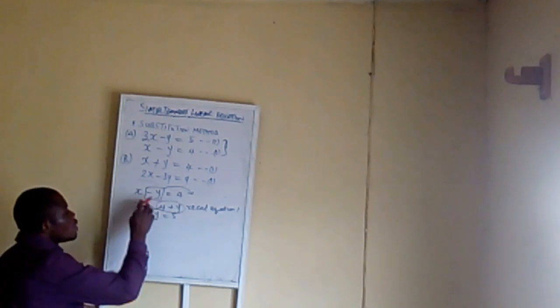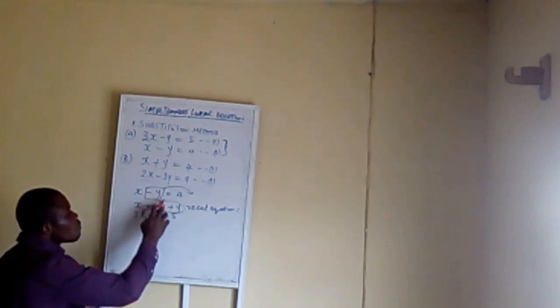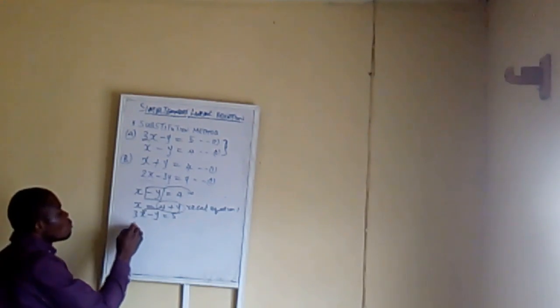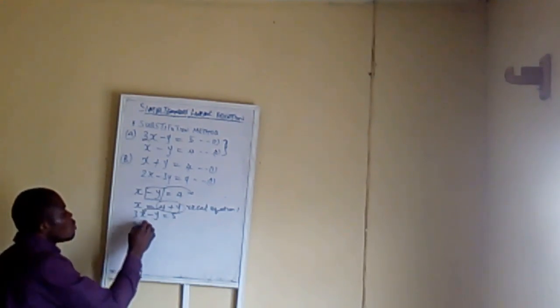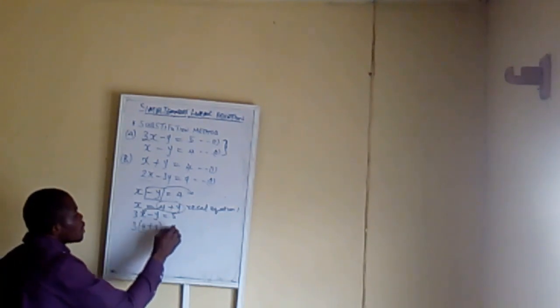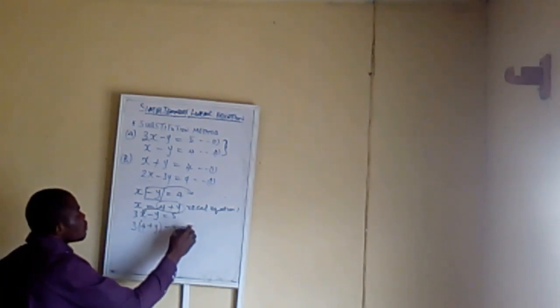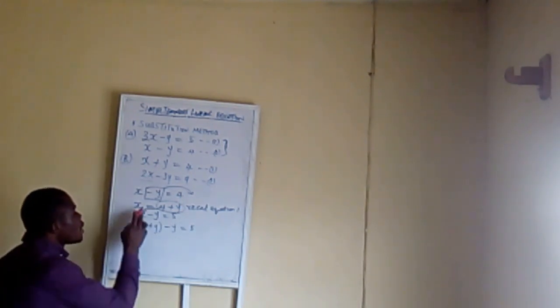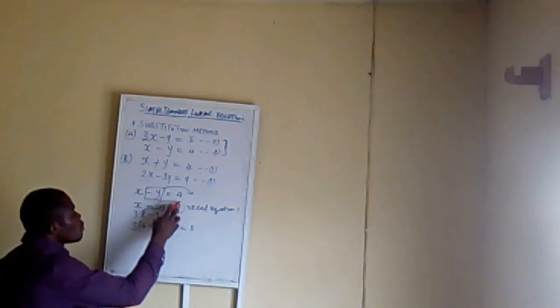Anywhere we see x, we are going to replace it with 4 plus y. So our equation will become 3 into 4 plus y, minus y equals 5. So we have replaced x as 4 plus y.